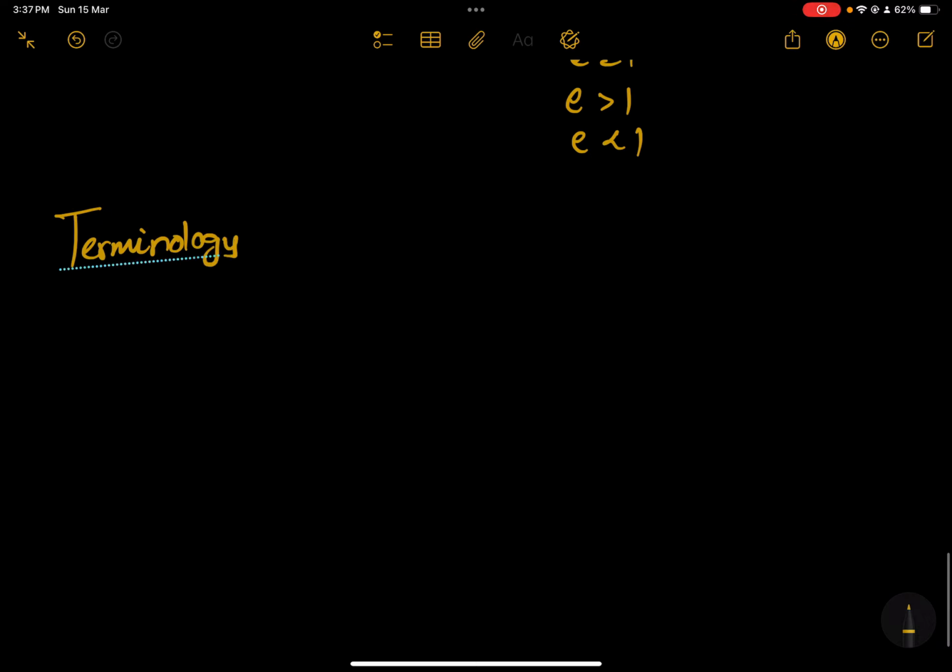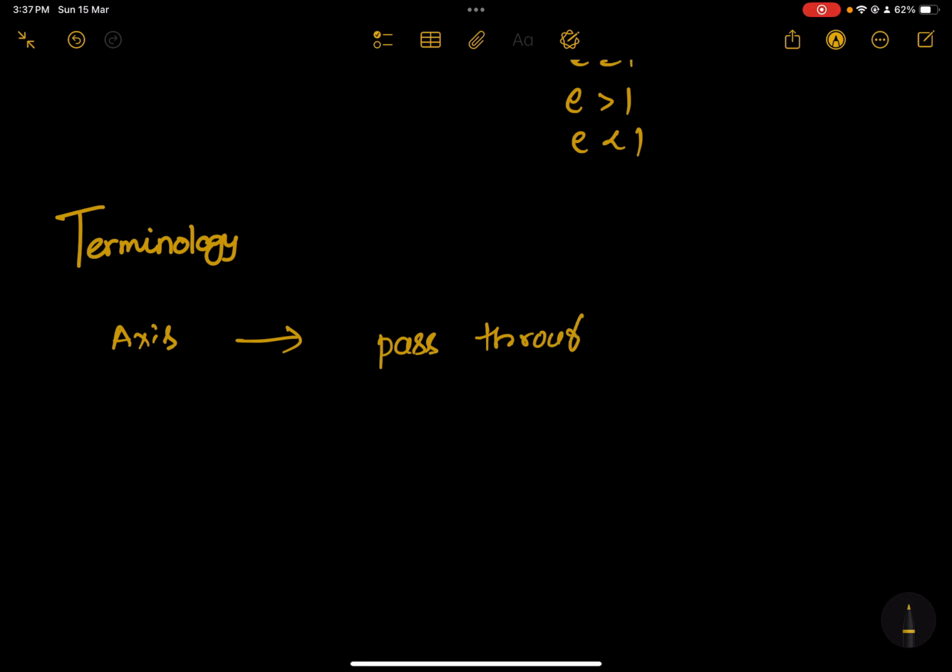So the first one is axis. What is an axis of a conic section? This is a line that should pass through the focus and be perpendicular to the directrix.